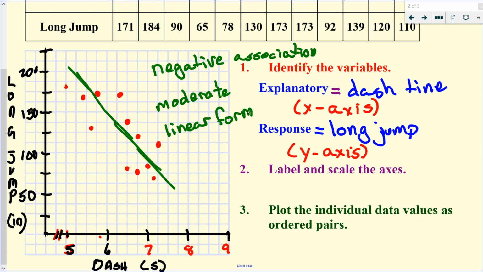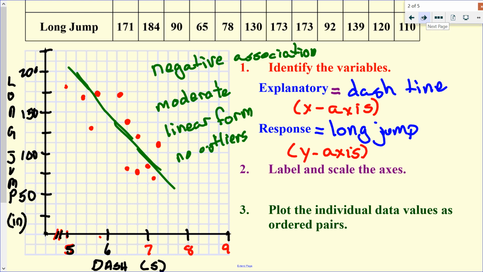But I don't see any points that are away from that general shape. So we'll go ahead and say there are no outliers. Okay, so negative, it is going down. Moderate, the points are starting to get tight and close. It's definitely aligned, so it's linear. And there's no weird points.